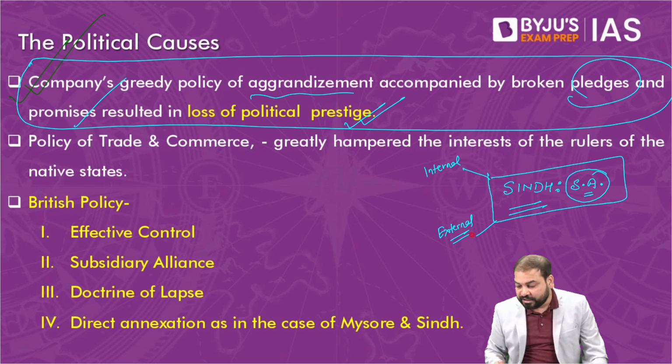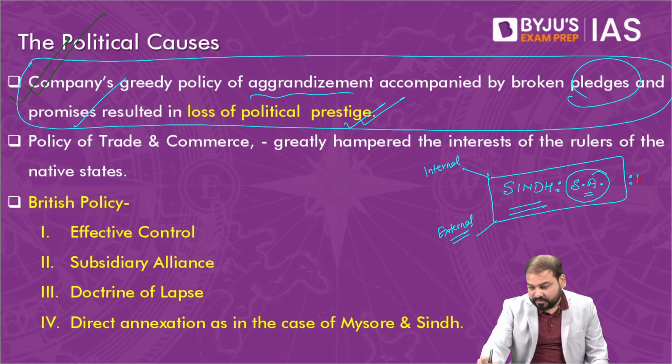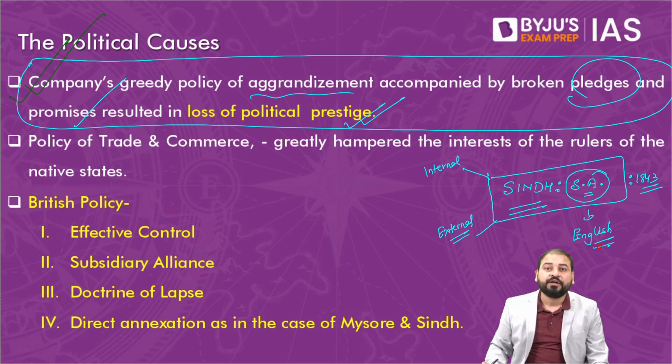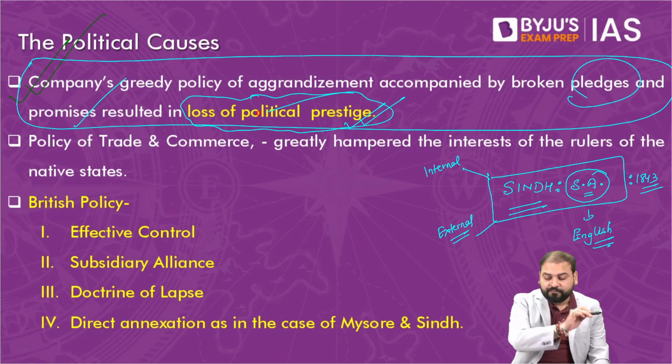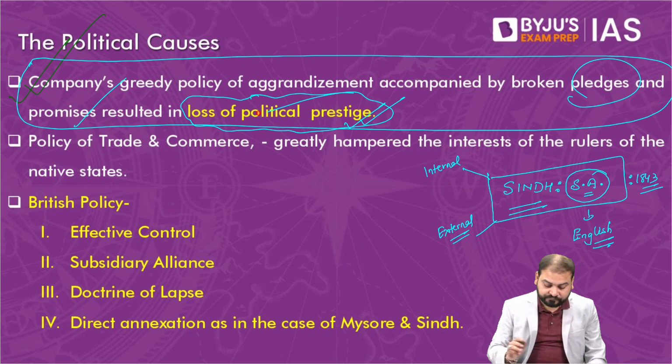Now, you all tell me, who attacked Sindh in 1843, guys? Everyone, who attacked Sindh in 1843? Absolutely, it is the British, the English who attacked. Now, all of you, don't you think this leads to loss of political prestige? Everyone, thank you.